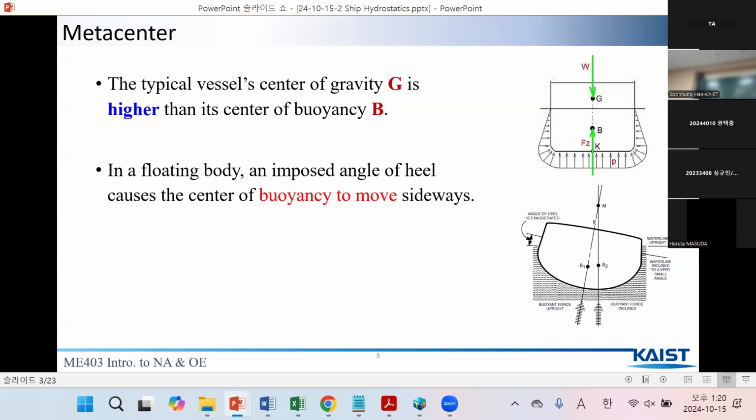Then the submerged body shape is different, so the center of displaced water is changed. The volume should be the same because it is a balance between weight and buoyancy. Always, it is balancing. Total weight and total buoyancy are balancing.